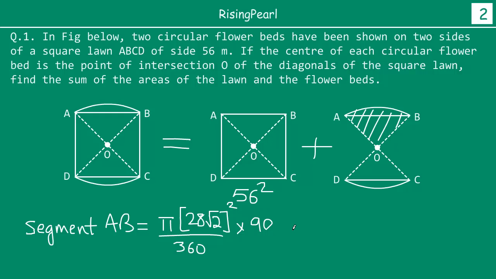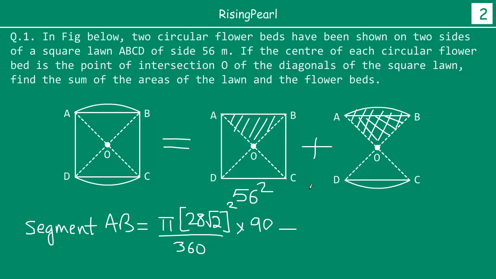Then we have to subtract the area of the triangle, that is we have to subtract this. So we are actually looking to subtract this part out to find the segment. From the sector we are taking the triangle out.